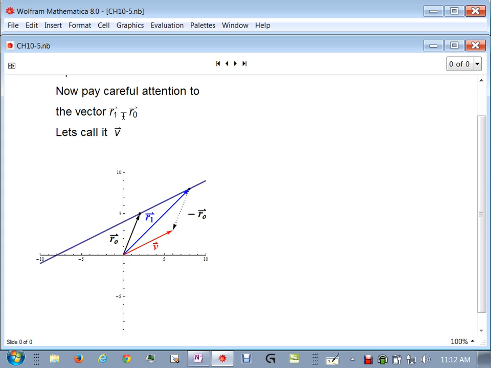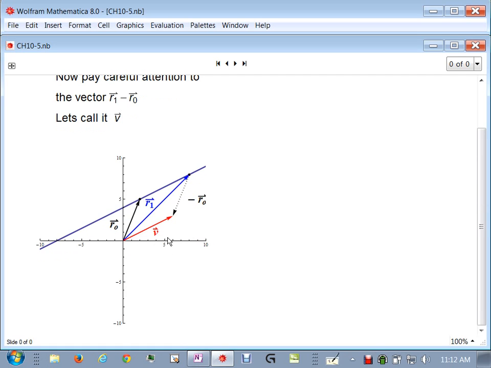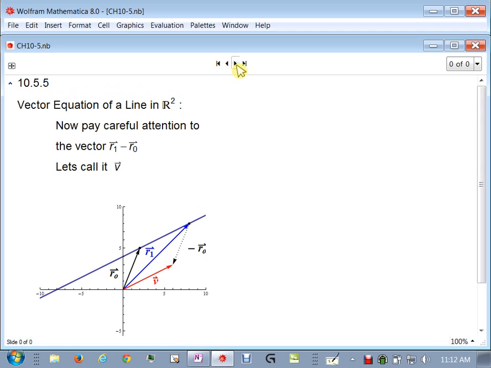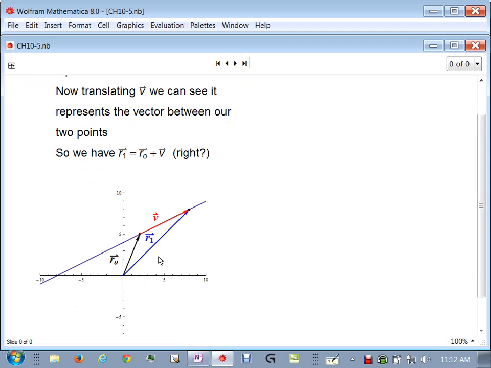So if we take r1 minus r naught, we get this new vector, which we will call v. And if we translate v up, it shows that it attached the tips together. Now, is the vector v the entire line? No. The vector v is just part of it. It's just a vector.